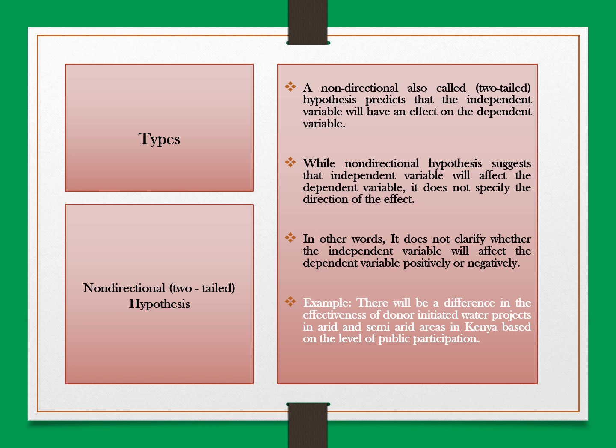For instance, it does not tell us whether public participation will improve the effectiveness of donor-initiated water projects or undermine it. So when we talk about a non-directional or two-tailed hypothesis, it is simply a hypothesis telling us that something will affect the other. The independent variable will affect the dependent variable, but it does not show us which way, whether it will affect it positively or negatively.